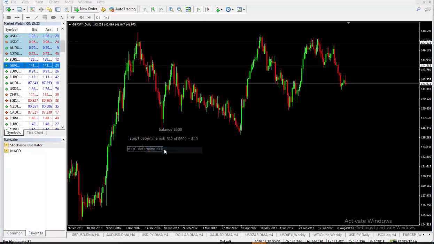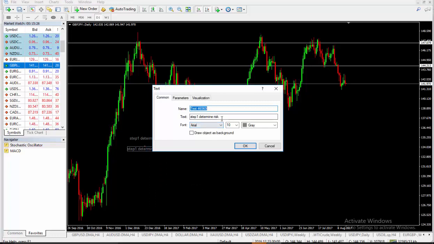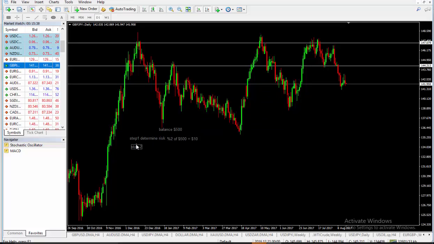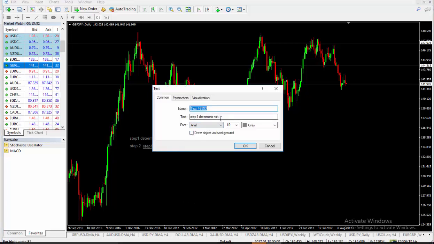Remember step 2, guys, our pips to stop loss. Step 2, number of pips to stop loss.